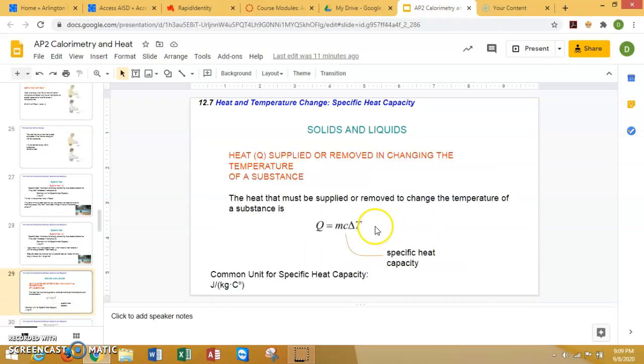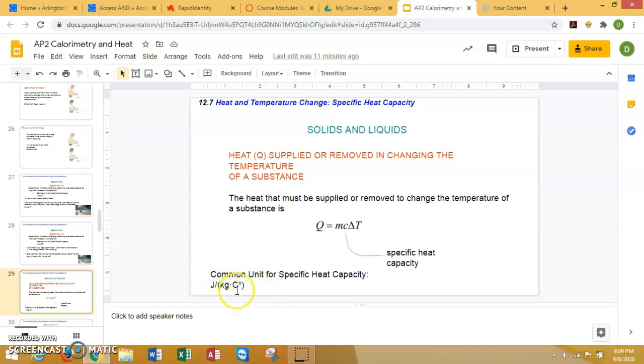Okay. Here's the equation. I call this the MCAT formula because it looks like MCAT. So if you're calculating the amount of heat supplied to something or removed from something, that would be Q. Then you do M times C times delta T. Okay. The units can be different depending on what they're using.